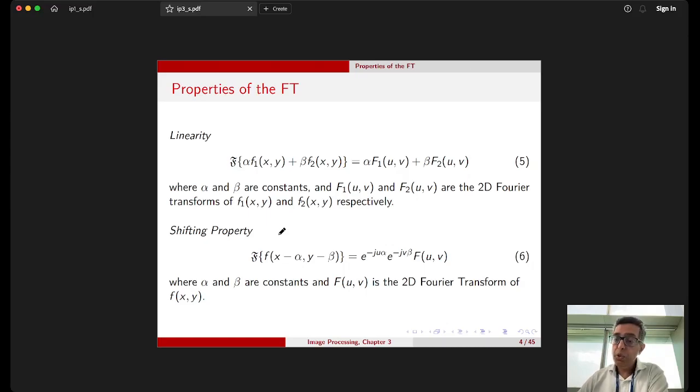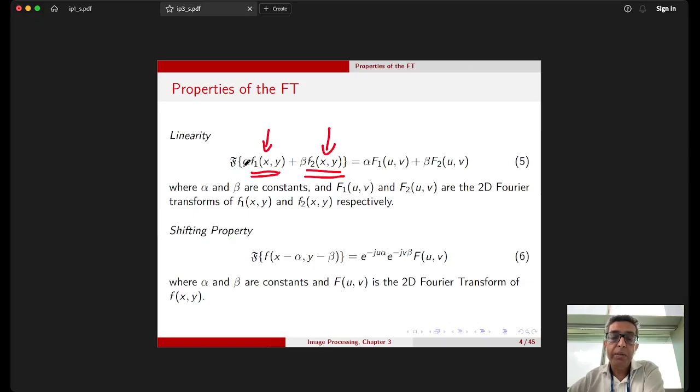Now, the two-dimensional continuous Fourier transform has some interesting properties that are inherited, if you like, from the one-dimensional Fourier transform. So imagine we have two separate luminance functions over space, f1 as a function of x, y and f2 as a function of x, y.